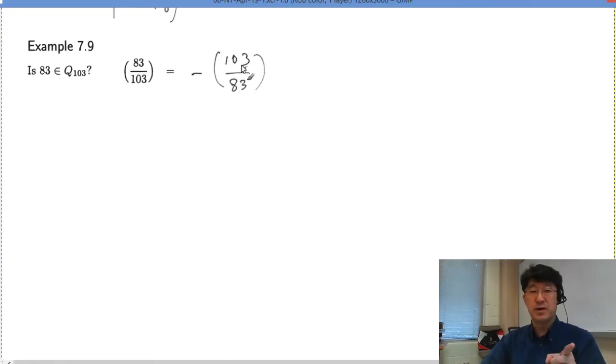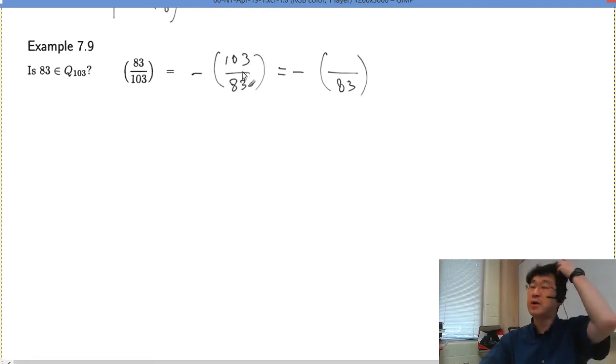Look at here. This is the fun part. 103 mod 83. We can reduce it. It's a congruence class, right? Its reduced version is a quadratic residue, that's the same thing. So what would you do? Knock it down, 83 going in there. So what do you have?